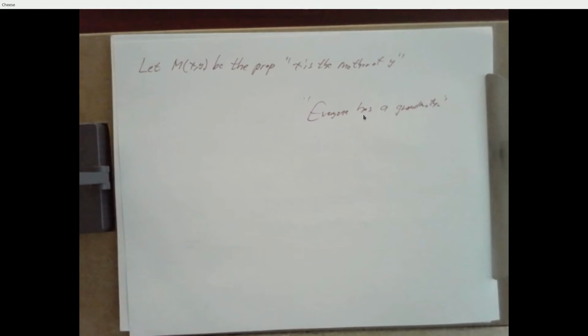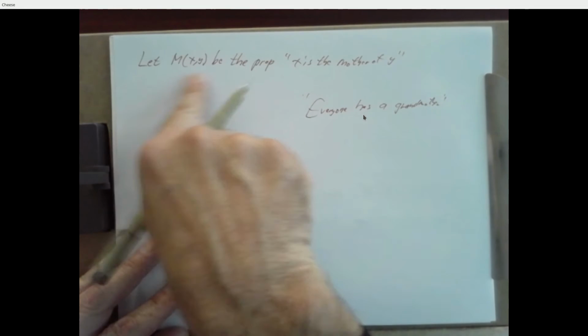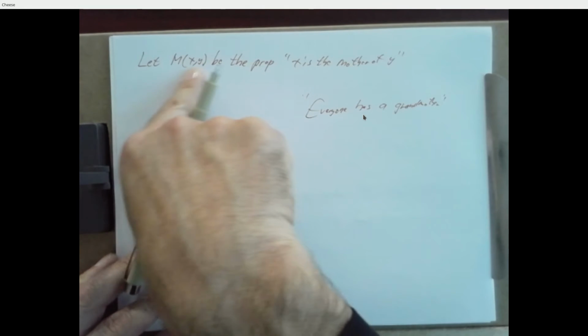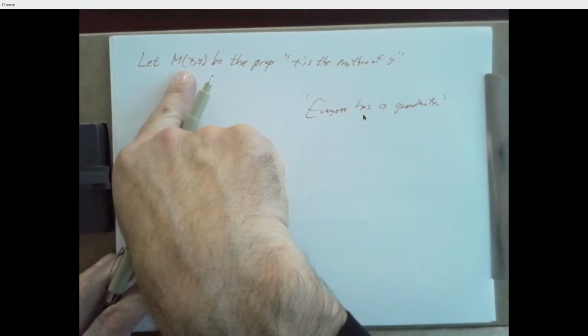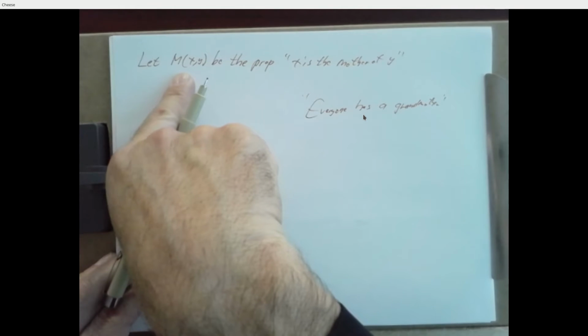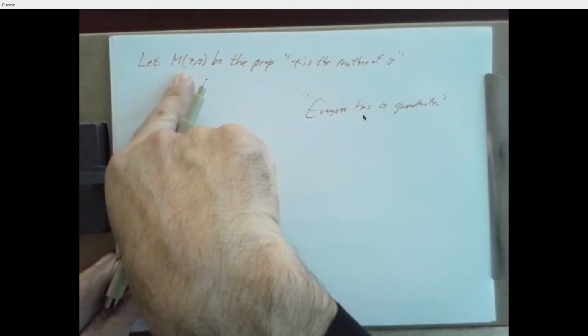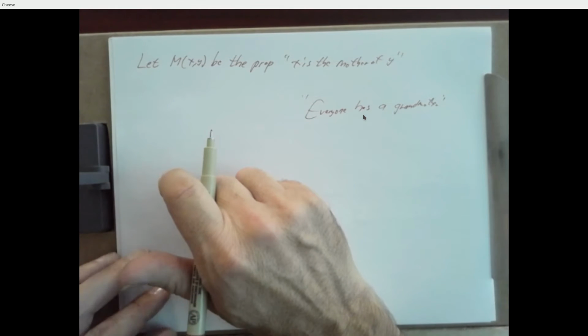I think that's one of the first ones. But how would we write the statement everybody has a mother using this proposition? This is a proposition. It's got two variables, but it's a declarative statement, right? So how would we write everybody has a mother? How can we just rephrase that statement in terms of there exists or for all?